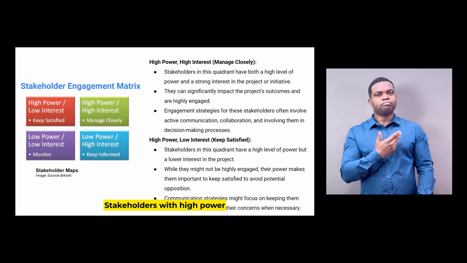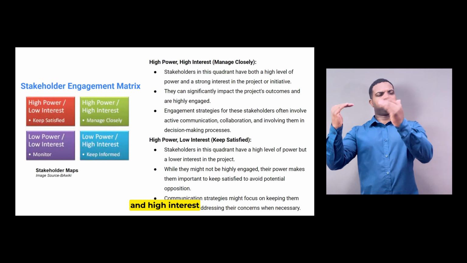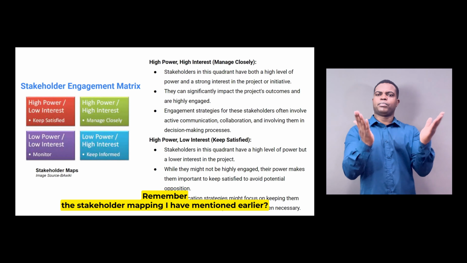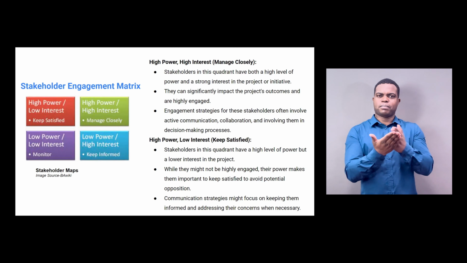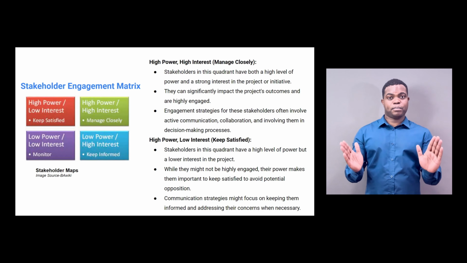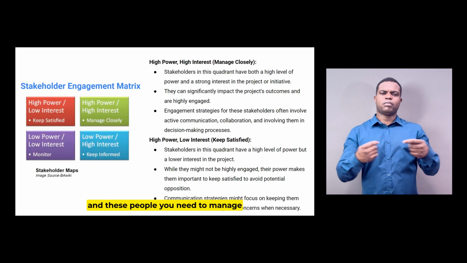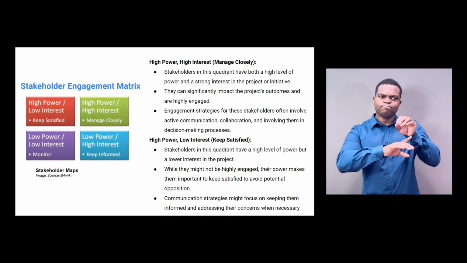Stakeholders with high power and high interest. Who are the promoters? Remember the stakeholder mapping I have mentioned earlier. The promoters are people that have high power and high interest, and these people, you need to manage them closely.